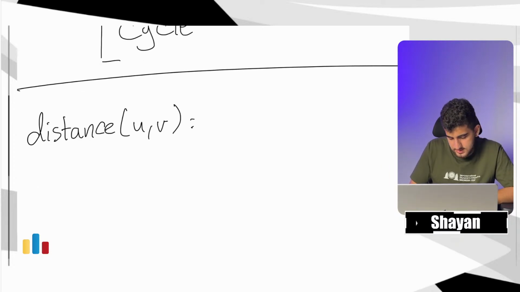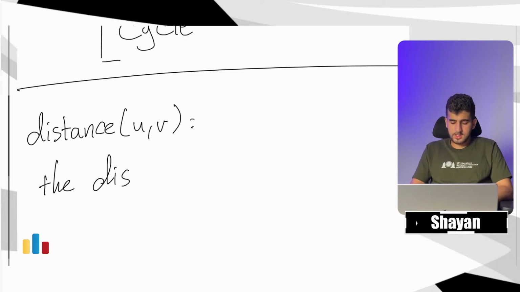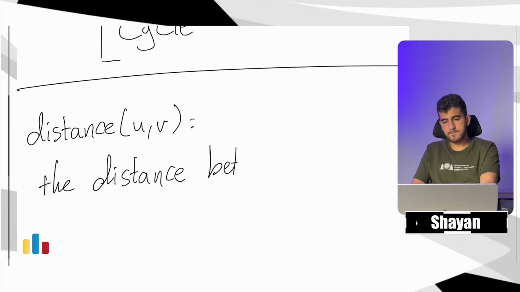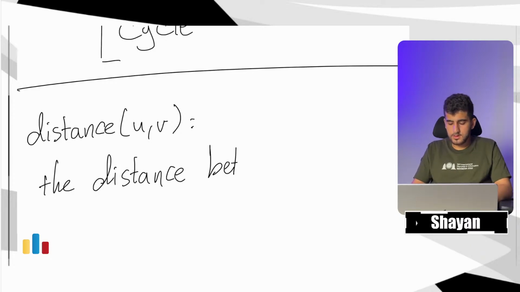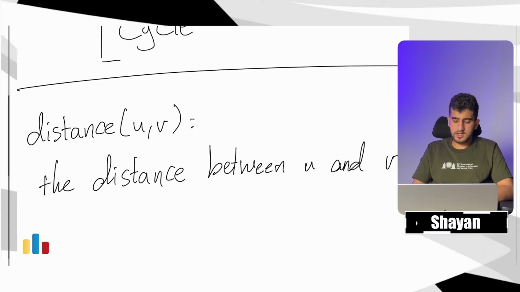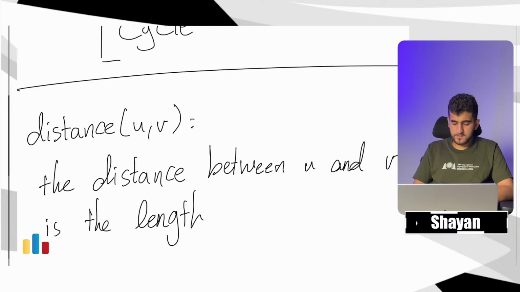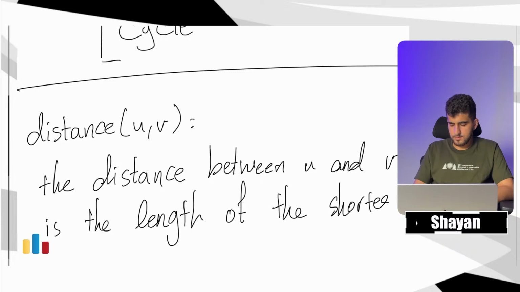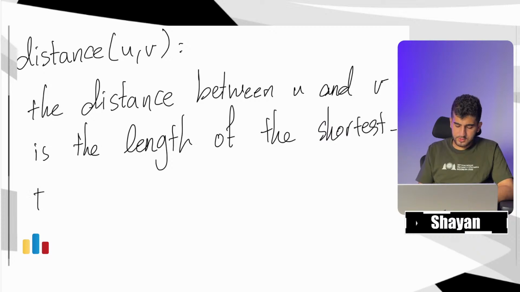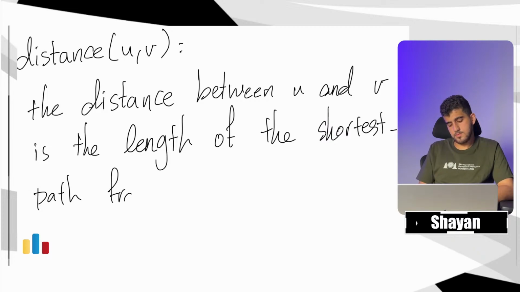The distance between u and v is the length of the shortest path from u to v.